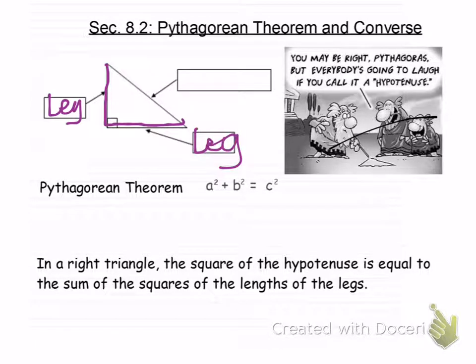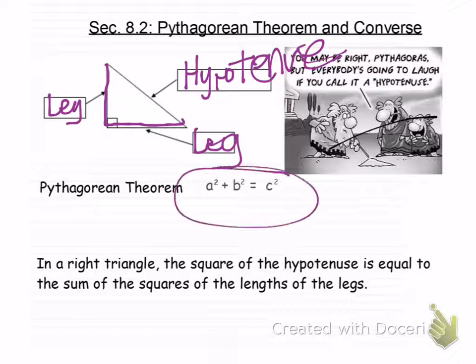Okay, and then that longer side, we know that that is our hypotenuse. Sorry, my pen's not working very well. Okay, so that's our hypotenuse, and you just have to make sure that if you have a certain set of values that that hypotenuse is the longest side.